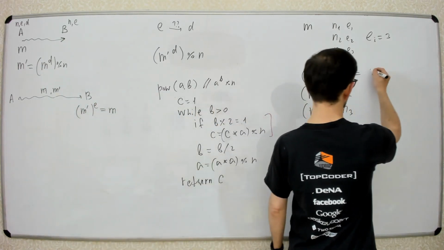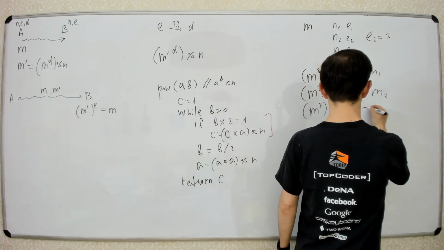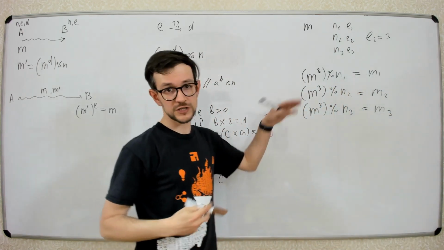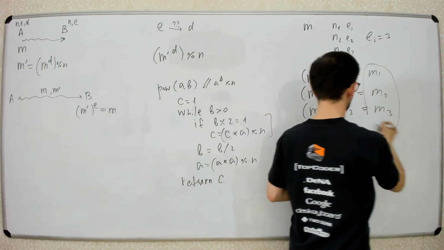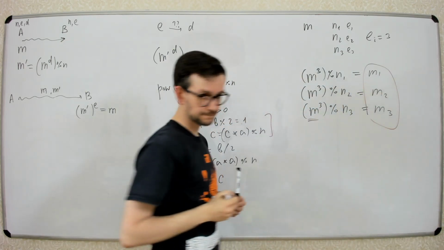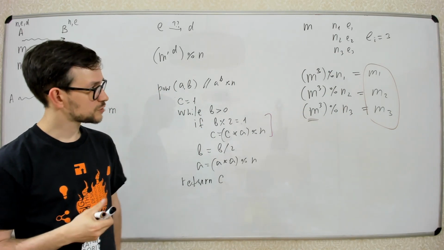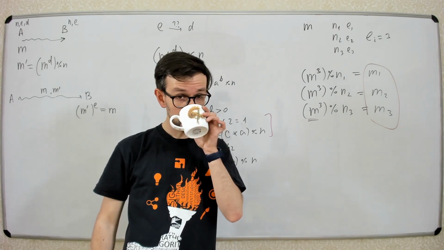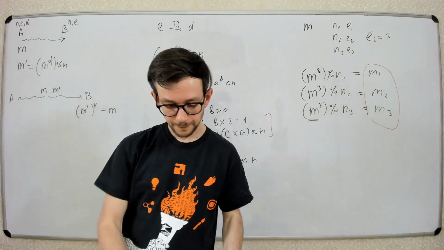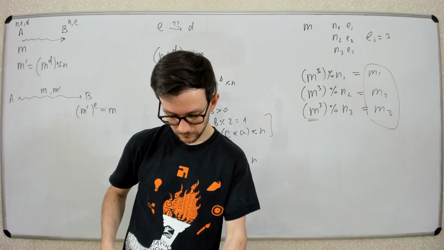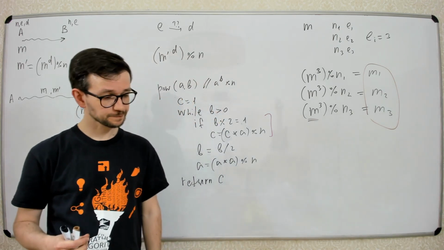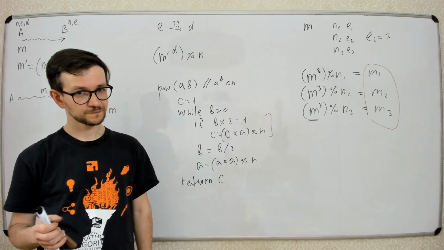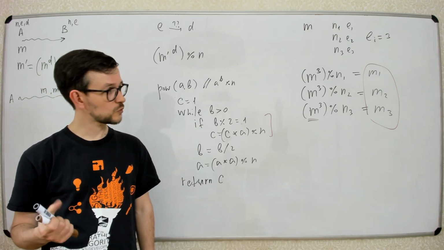Let's take these numbers, M1, M2, M3. If you receive all these three numbers, how can you get number m? We discussed it last lecture.